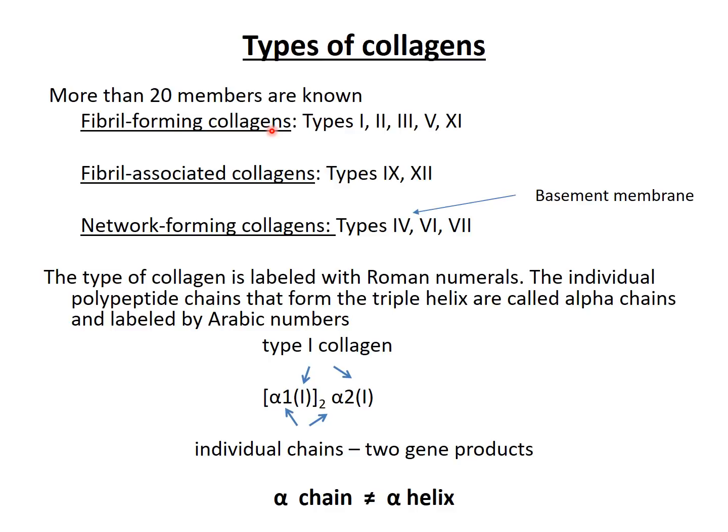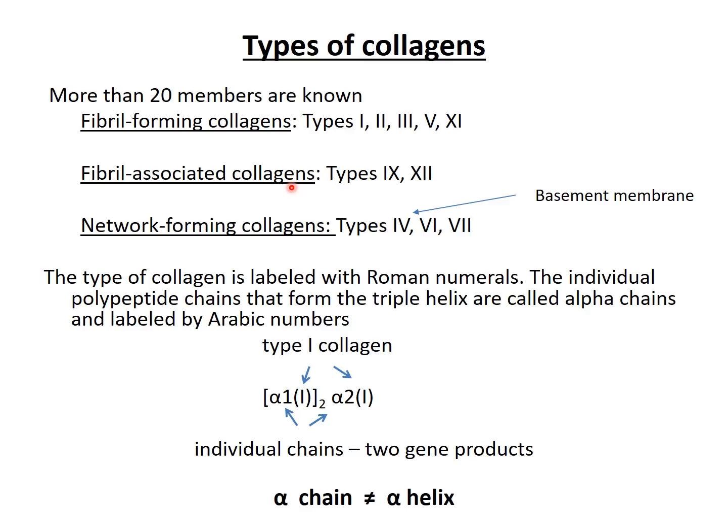Fiber forming collagens include type 1, 2, 3, 5, and 11, and I will focus on type 1 more in the rest of the lecture. They are doing what I talked about before. The collagen monomers, the triple helices, are released by the cells. They assemble in a quarter-staggered manner and are cross-linked for strong fibrils.